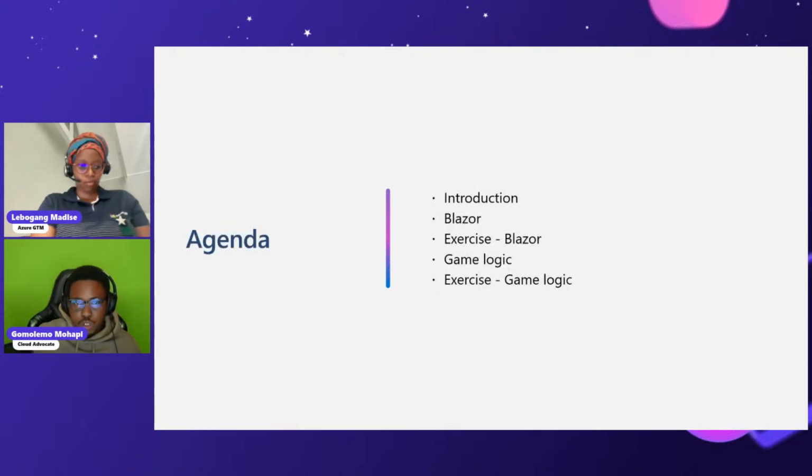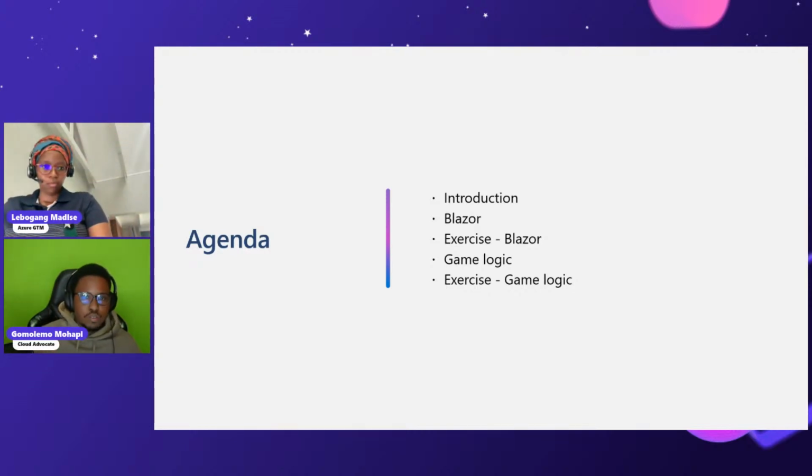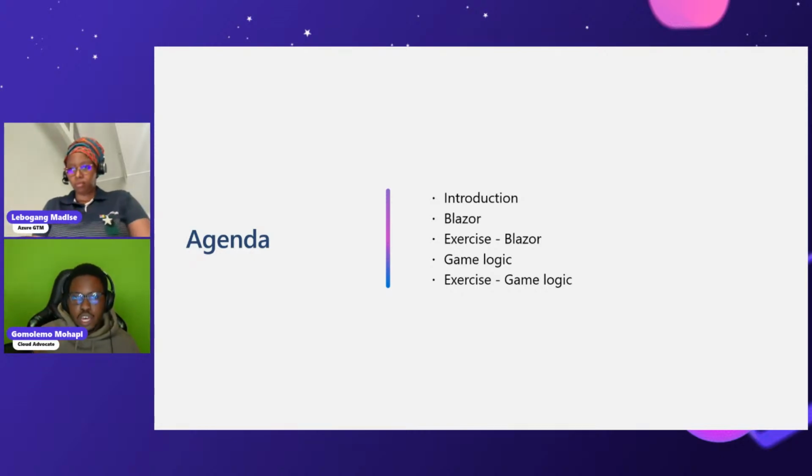For the duration of the session, we'll be following the module as is on Microsoft Learn, starting out with an introduction. Then we will briefly talk about Blazor, what it is and why it is useful. We'll have a small exercise where we create a Blazor project in Visual Studio.